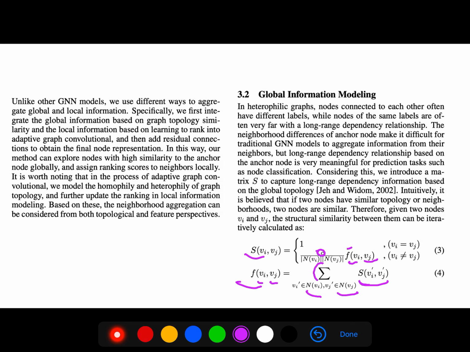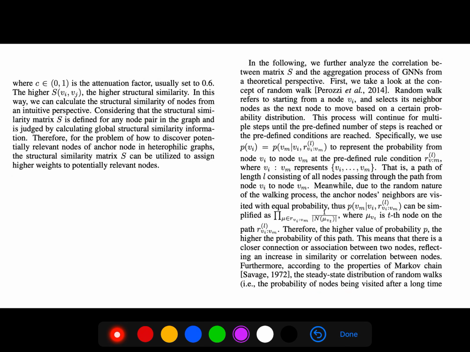Then we sum over all the neighbors of them. So we understand how similar the two nodes V sub i and V sub j are based on judgment on the neighbors of them. That's why the higher S, the higher structural similarity. In this way, we can calculate the structural similarity of nodes from an intuitive perspective.